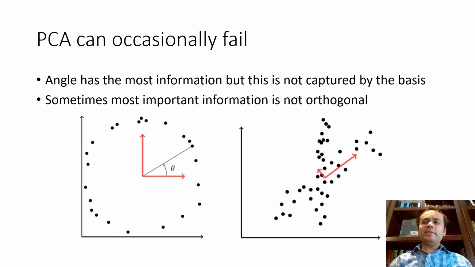That said, PCA has certain limitations. It starts with the assumption that the orthogonal dimensions are capturing the most amount of information, but that may not always be the case. It may be that sometimes the most important information is not orthogonal.